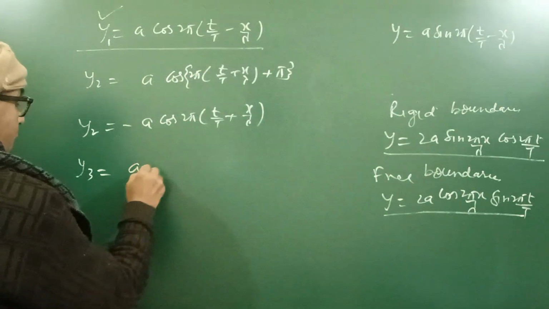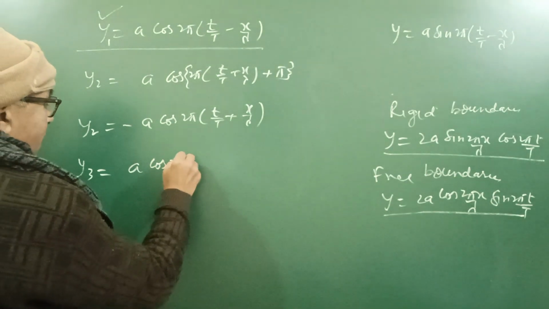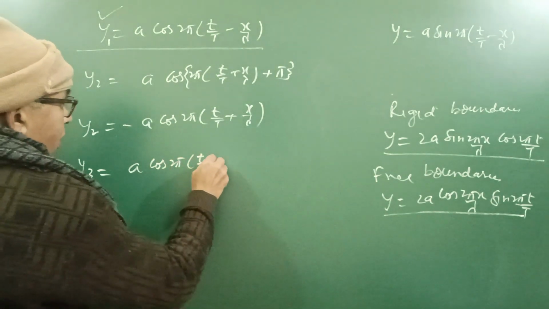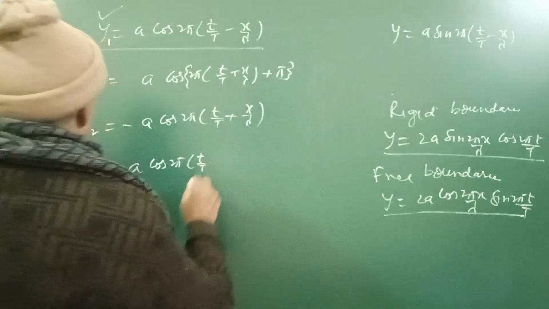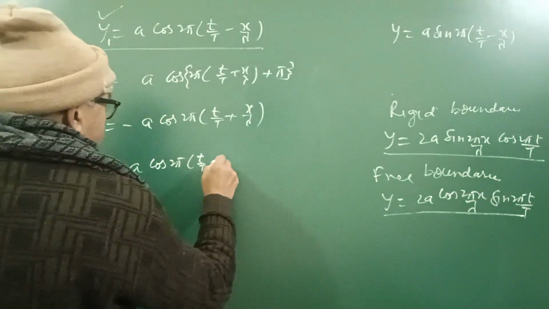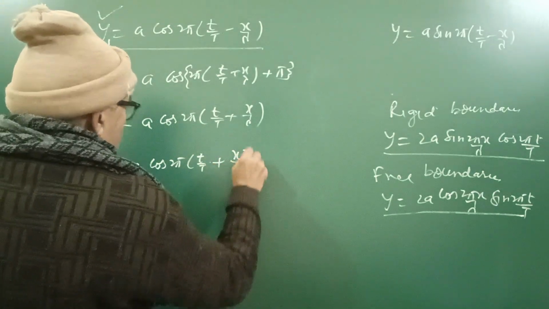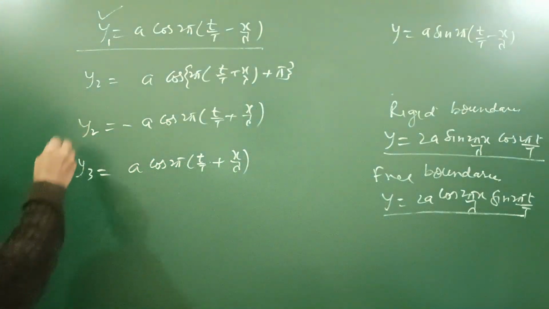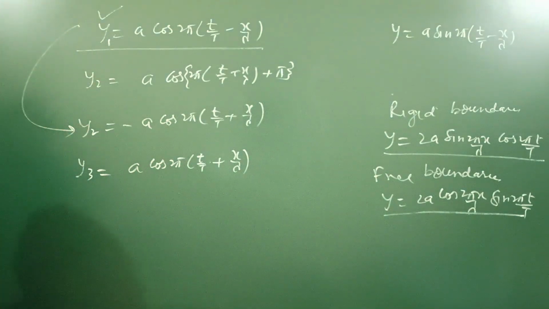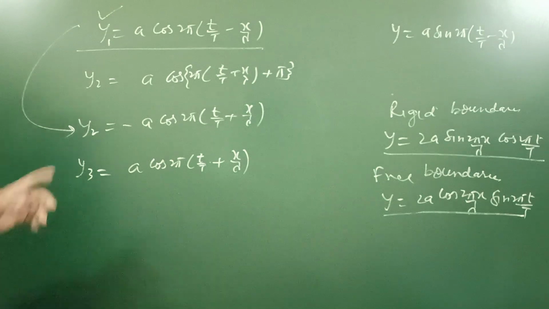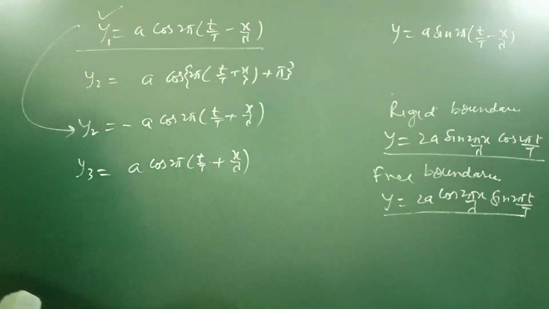So that will be a cos 2 pi (t upon T plus x upon lambda). So when this and this wave superimpose, we use cos C minus cos D.